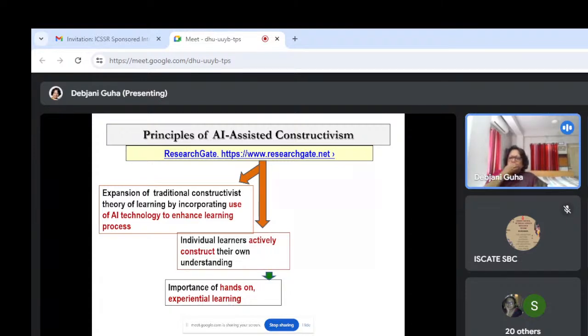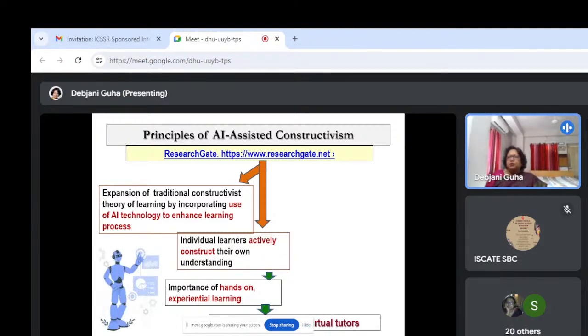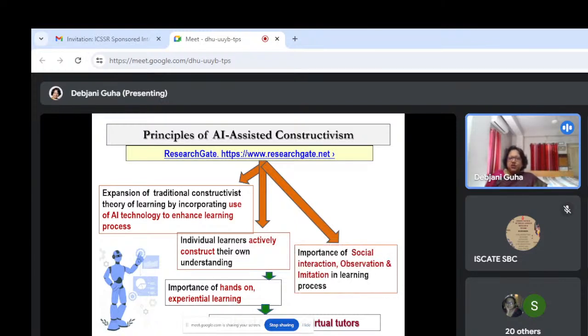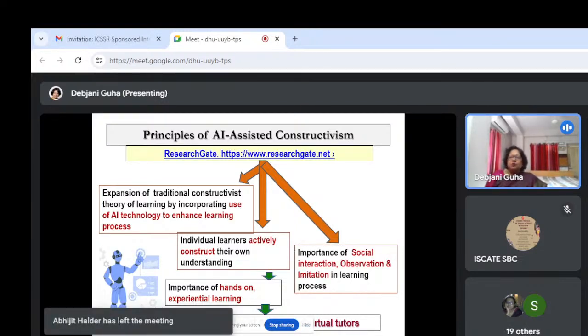And the main thing I want to tell is that AI-assisted constructivism maintains the active role of the student in constructing their own understanding, but it mainly proposes the use of AI-powered virtual tutors.